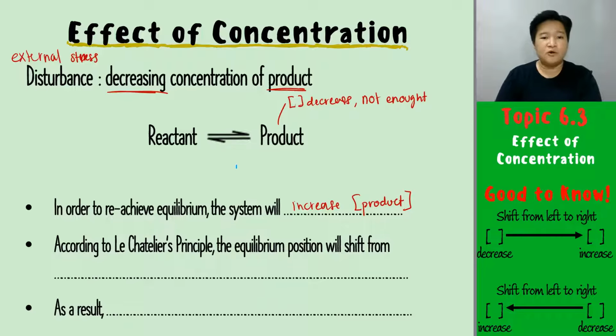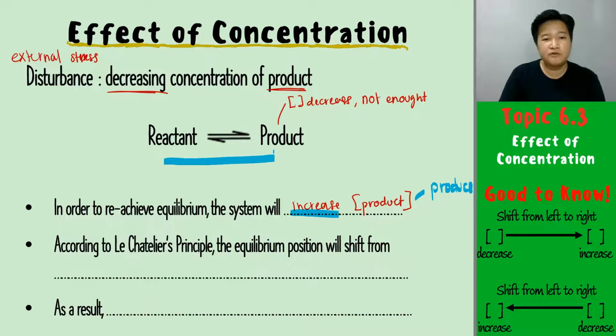Okay? So, based on the Chatelier principle, where do you think your equilibrium position will shift so that the system can increase the product? Increase over here means you need to produce. Agree? So when I want to produce the product, I will definitely shift from the left to the right so that I can produce the product. Agree?